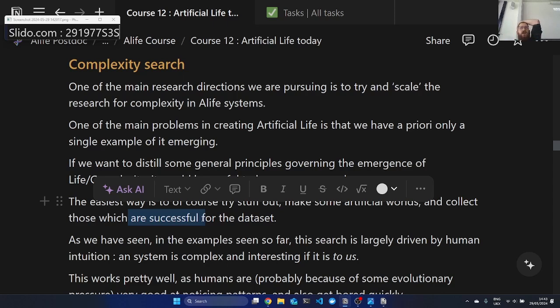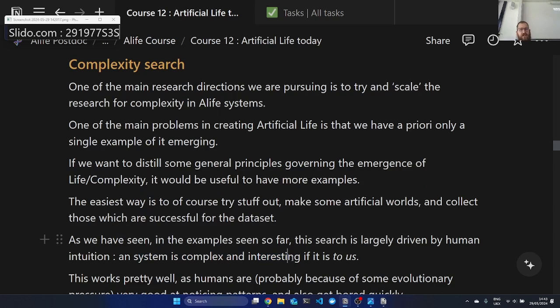They look at the dynamics and they intuitively see, okay, this one looks interesting, this one does not. Sometimes you can go a posteriori and find some metric that validates this intuition, but the first step is usually that a system is complex and interesting if it is complex and interesting to us, right?